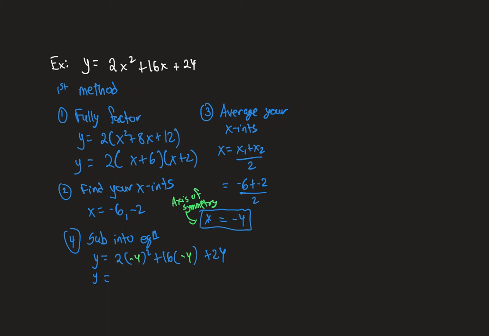So if you calculate this out, you should get that y is equal to -8. Now, I'm not going to say whether that's the max or min yet. Let's do the second method first. So our vertex here is going to be at -4, -8.